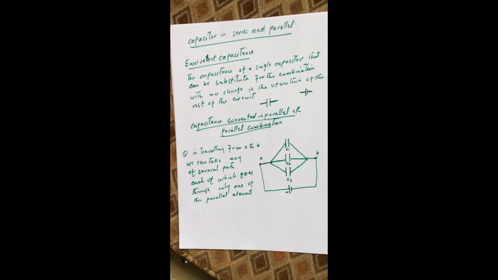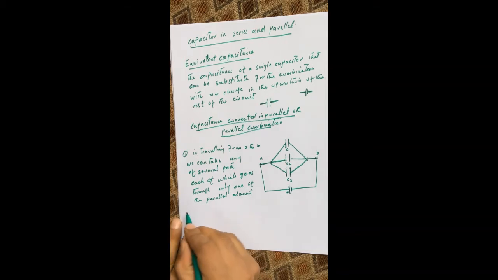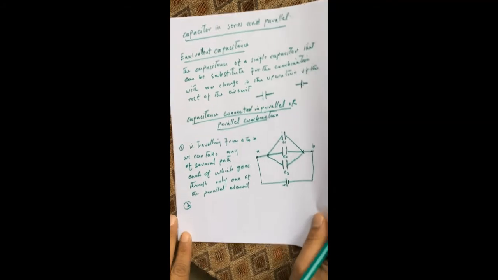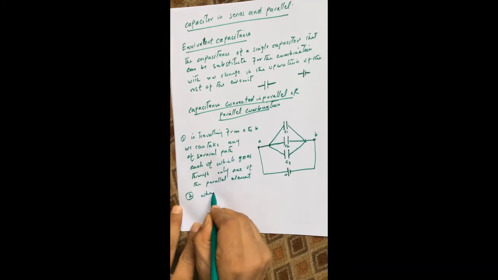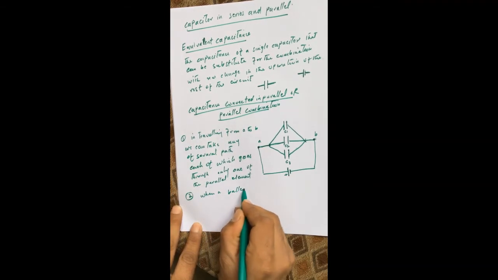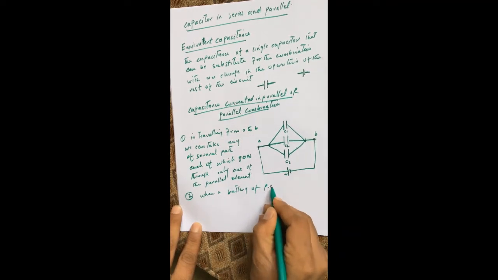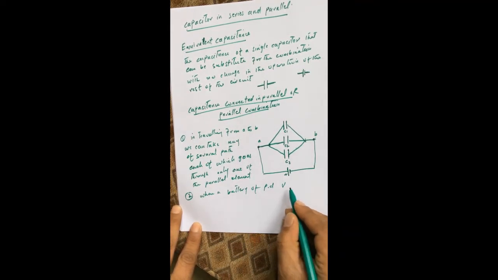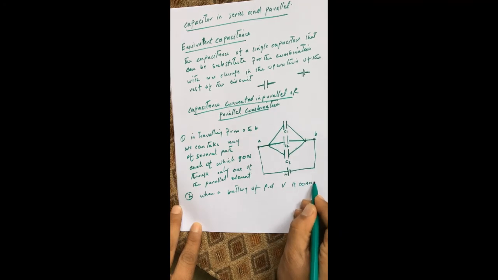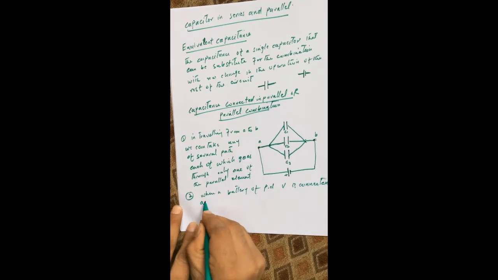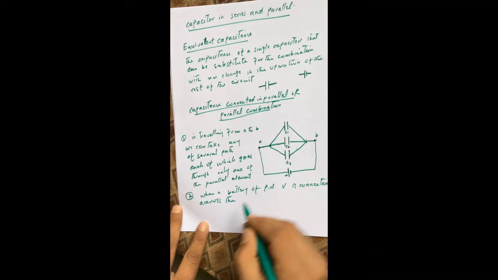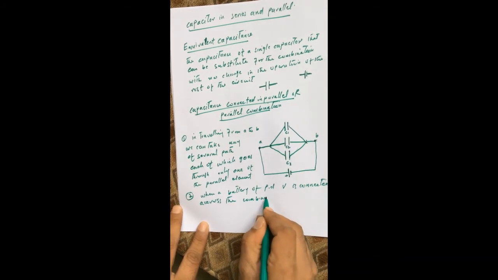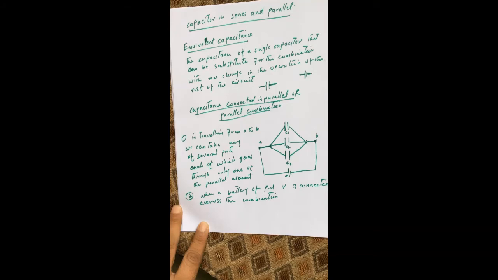The next property of this parallel combination of capacitors is the second property. When a battery of potential difference V is connected across this combination, then what will happen?